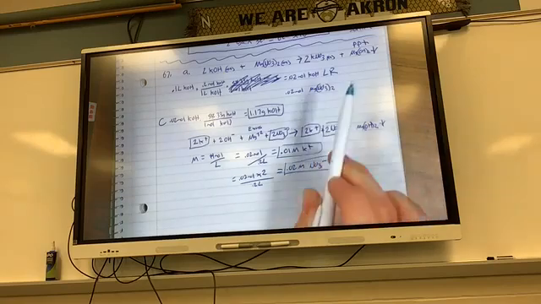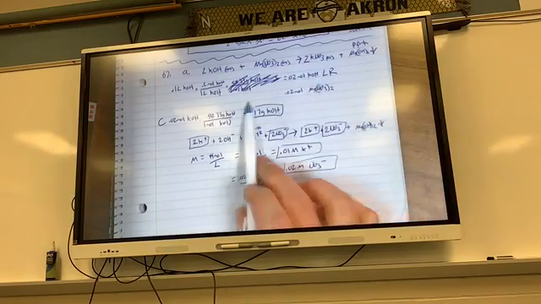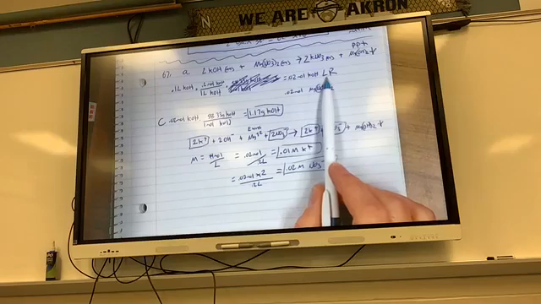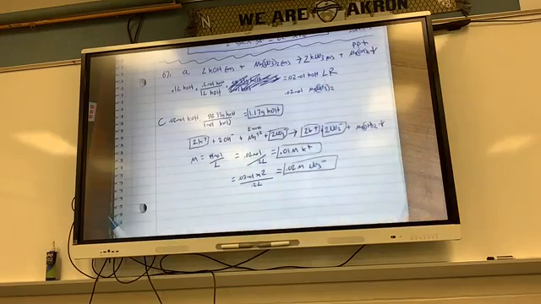Now I have to figure out what my excess is. I'm going to take my limiting reactant, which is still KOH, and run that to moles of Mg.